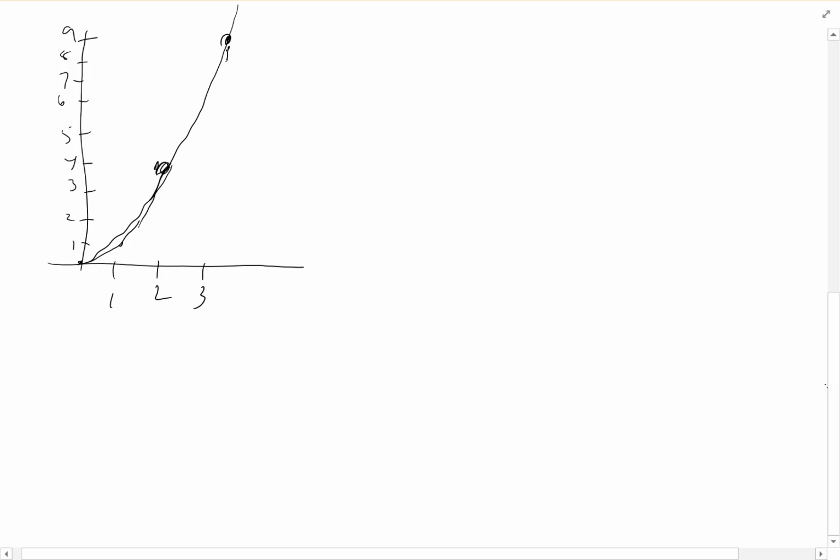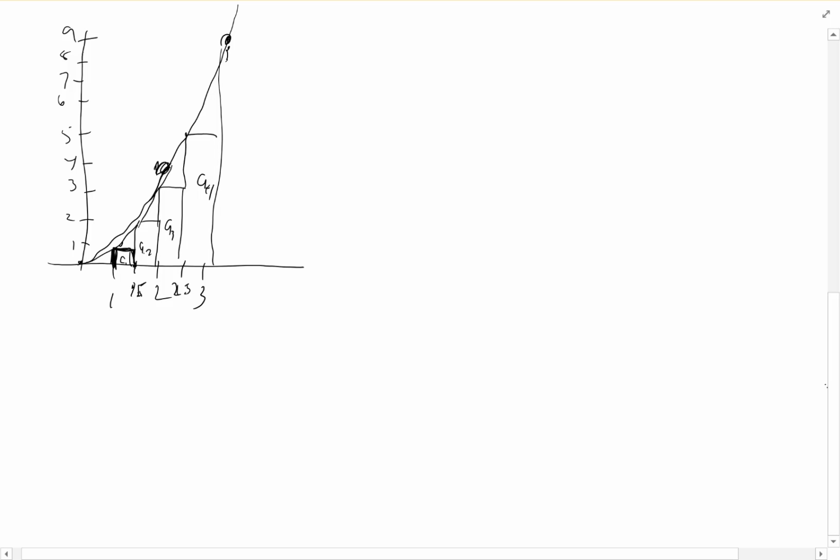I could have just as easily drawn my rectangles starting at the left-hand side. And again, if I'm splitting it up into 4 rectangles, I'm going to have a rectangle here at 1.5 and one at 2.5. So I also could draw my rectangles this way. Here's area 1, here's area 2, here's area 3, and here would be area 4. And I can find my rectangles that way.